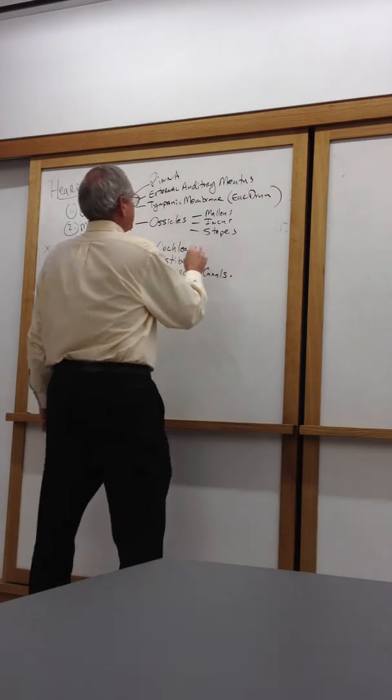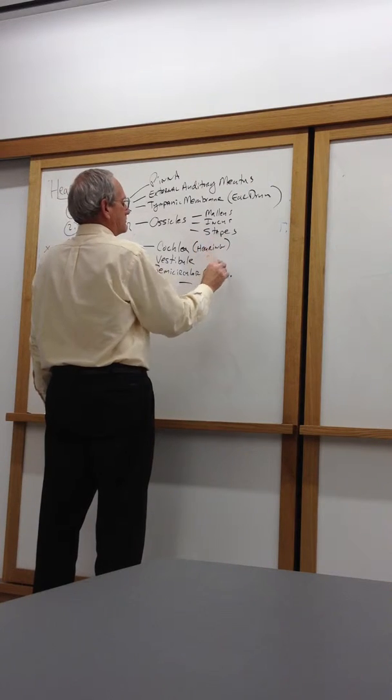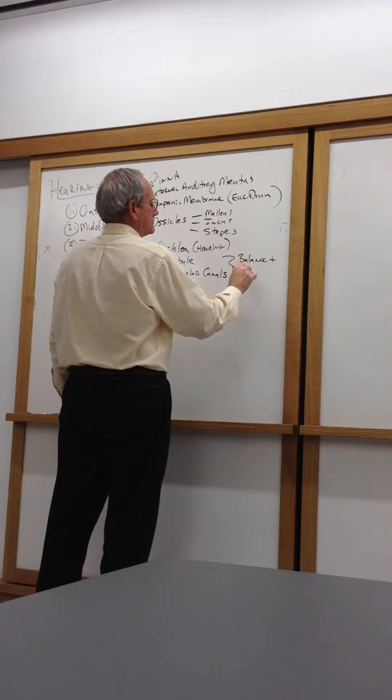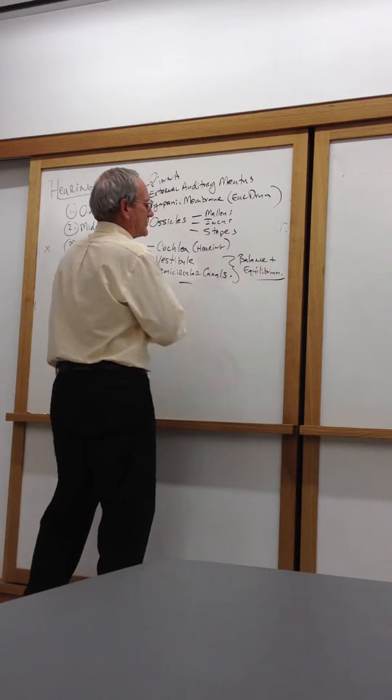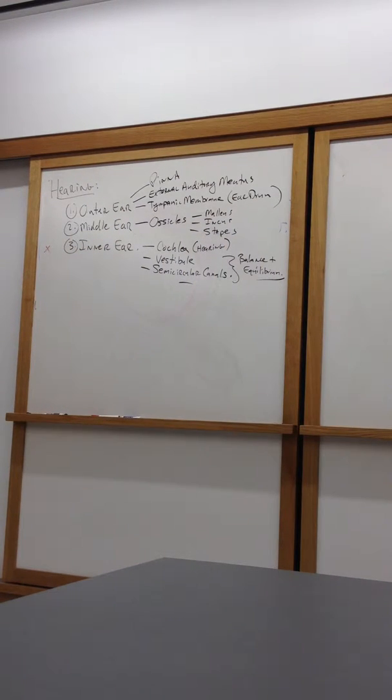The cochlea is responsible for hearing, it facilitates the action potential of hearing, and the vestibula and the semicircular canals are involved in the process of equilibrium. Okay.